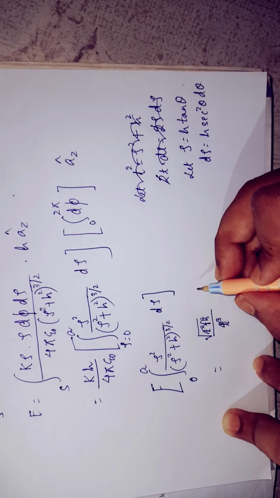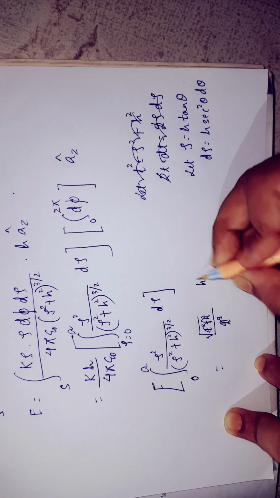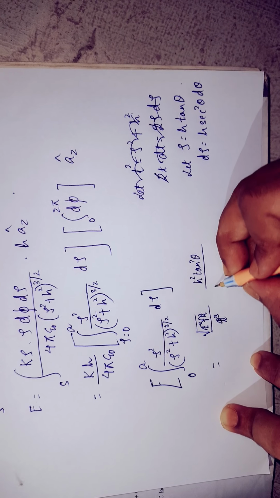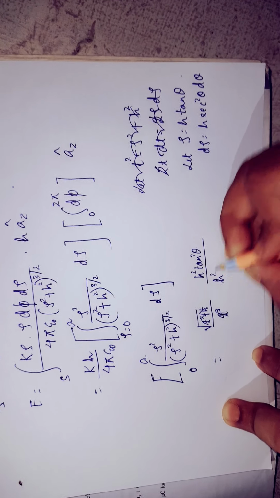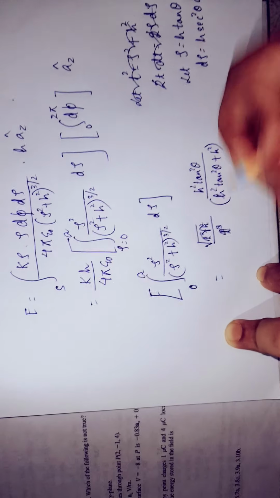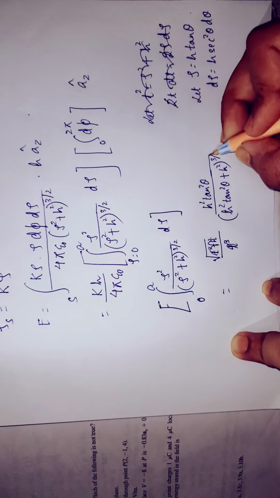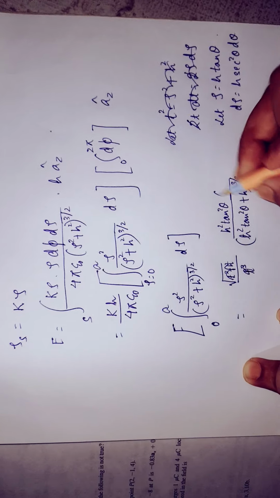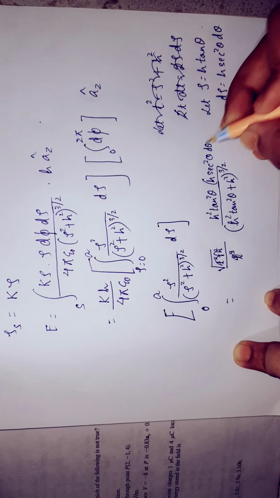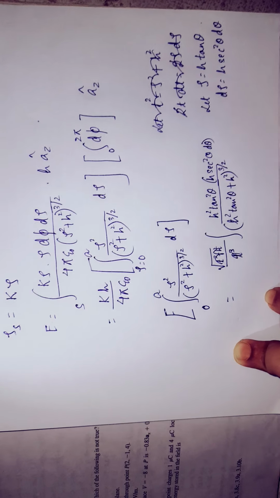Then instead of rho square, I can write h square tan square theta divided by (h square tan square theta plus h square) whole to the power 3 by 2, and instead of d rho, I can write h sec square theta d theta. I hope this is clear.